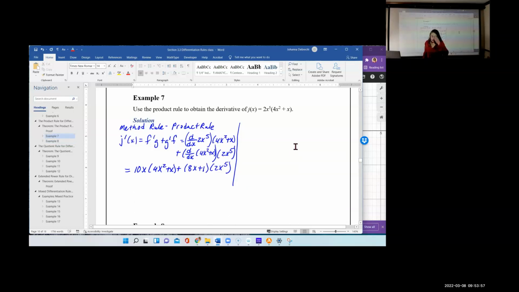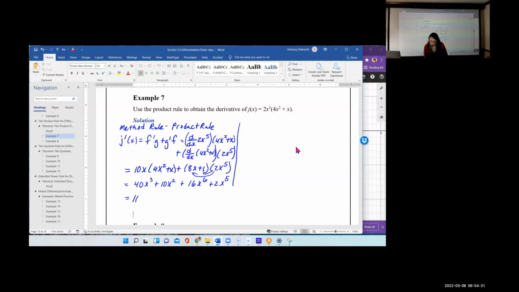All right. Now, if I want to multiply this out, this would give me 40x cubed plus 10x squared. Over here, multiplying and distributing from the back would give me plus 16x to the 6th plus 2x to the 5th.